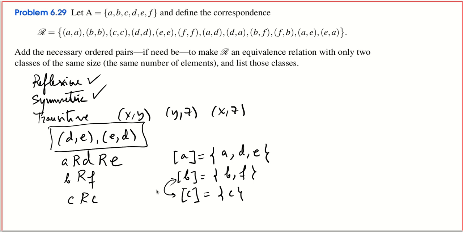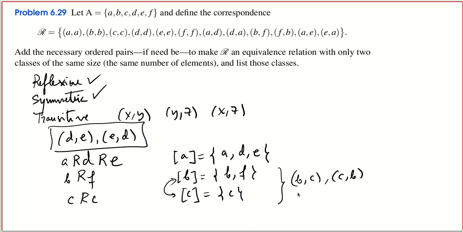And the only way to merge these classes is to form a new class in which the elements B, F, and C are all related to each other. And for that, clearly, we need to include the relation between B and C, so that means the pairs BC and CB. So you have to do that to preserve symmetry.